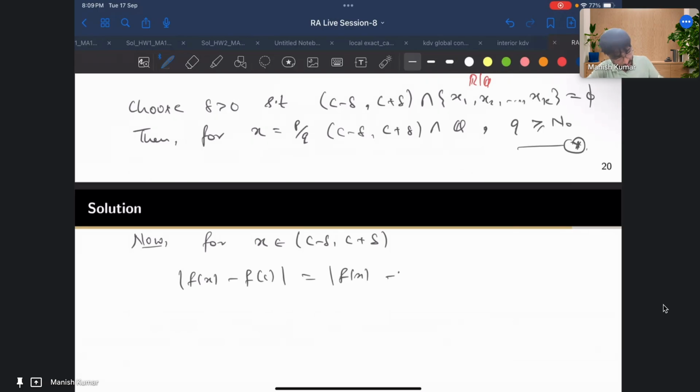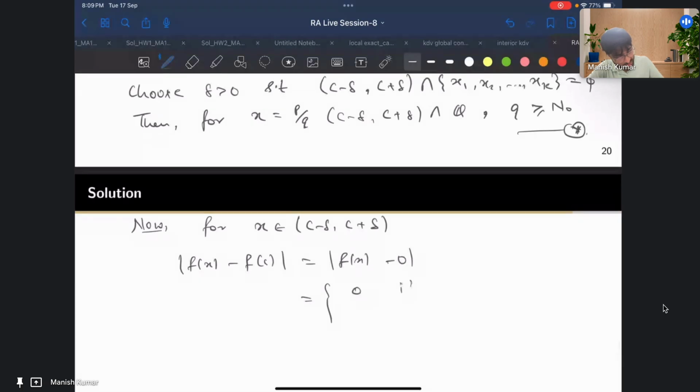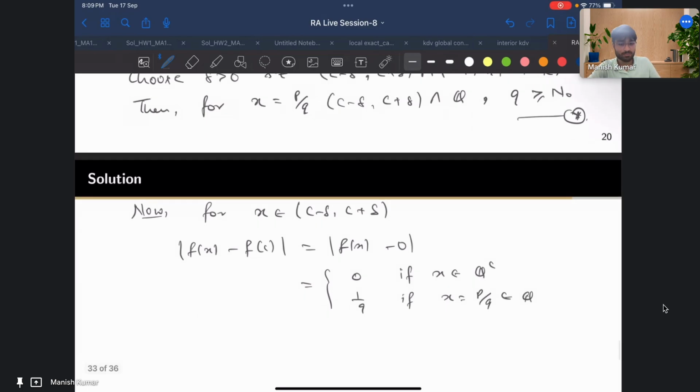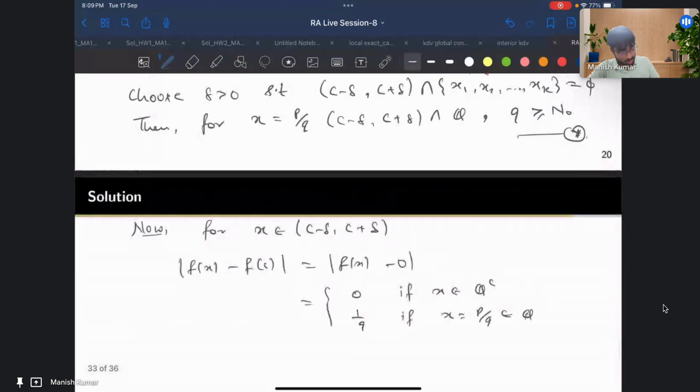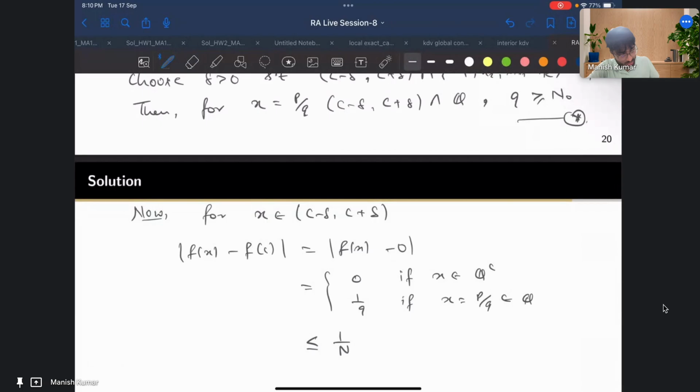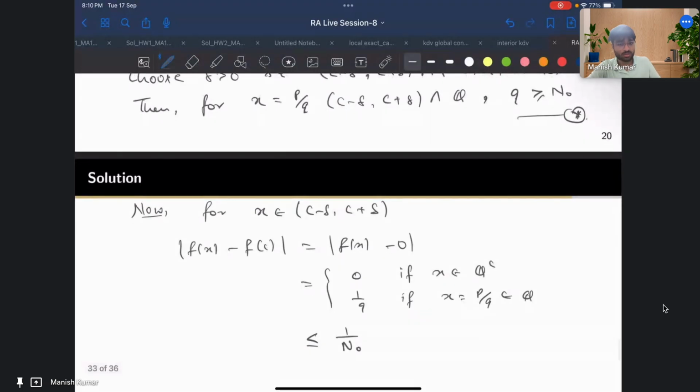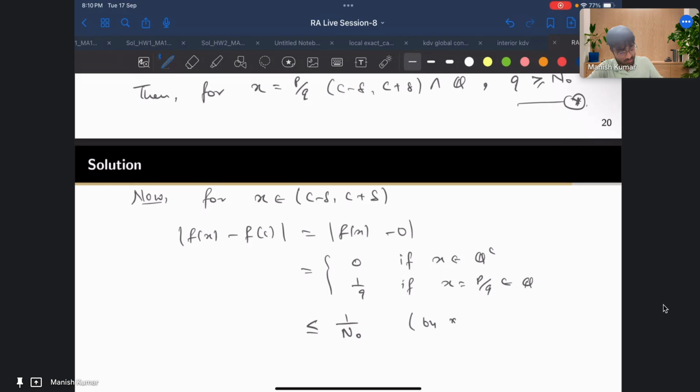This is equal to 0 if x is irrational, and if it is rational, then I'll have 1/q if x is equal to p/q belonging to Q. Now what I know is q is greater than or equal to n naught, so 1/q is less than or equal to 1/n naught. This is the obvious implication. And 0 is anyway less than or equal to 1/n naught. So this is less than or equal to 1/n naught, by star.